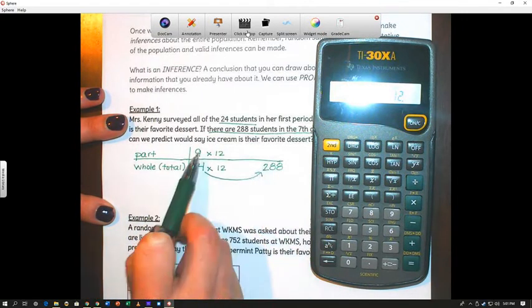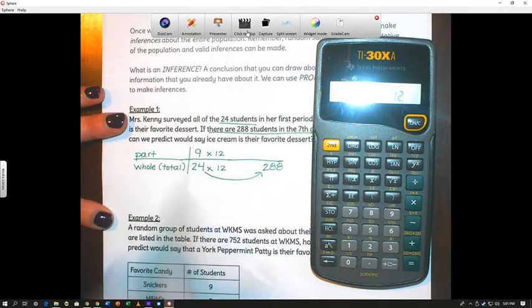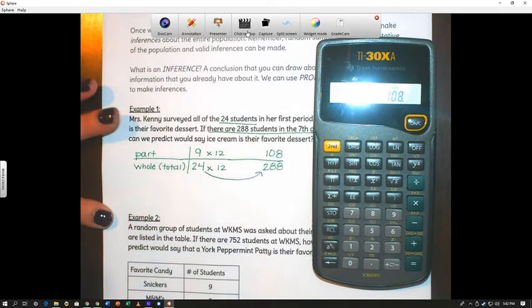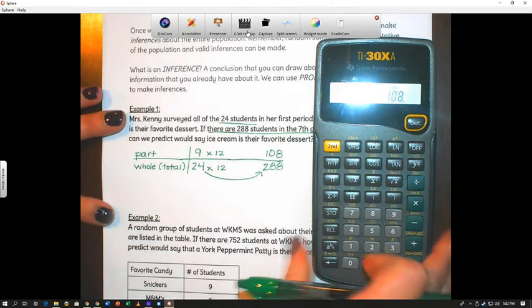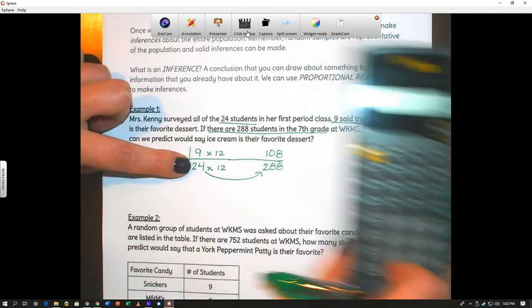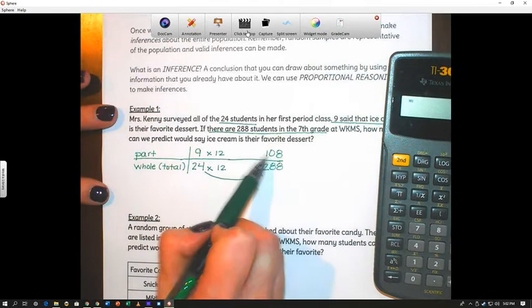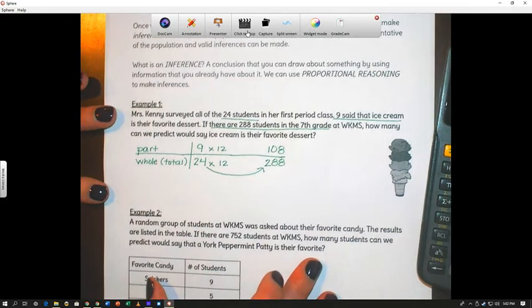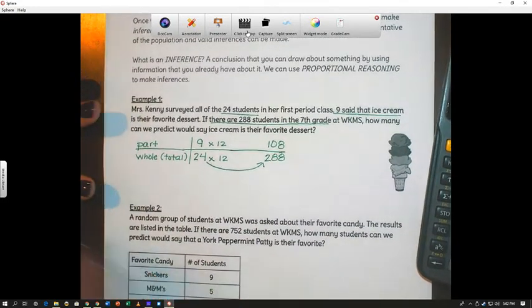If I do that with 9 as well, I get 108. So 9 over 24 is equivalent to 108 over 288. The last step is that I have to go back and answer the question.